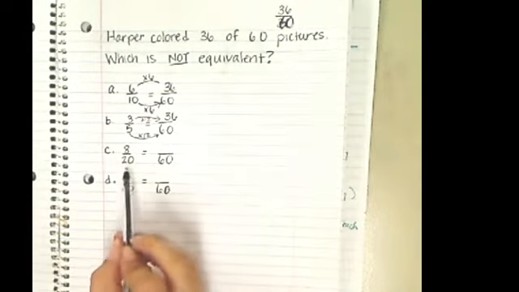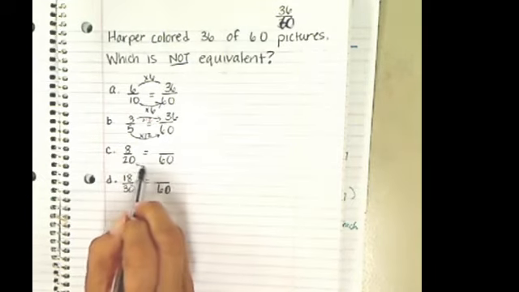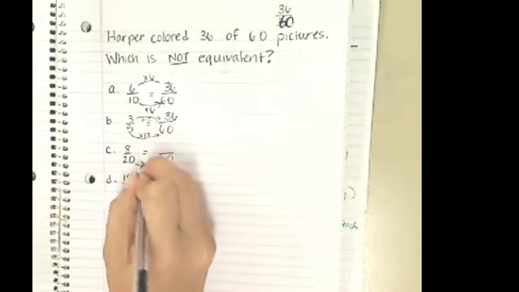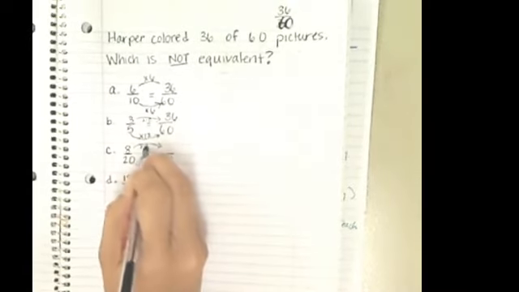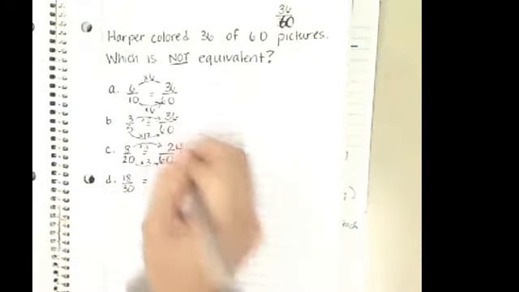So let's look here. 20 times what is going to get me 60? 20, 40, 60, that's 3 times 3. 8 times 3, because I've got to do the same thing at the top. 8 times 3 is how much? It's 24.